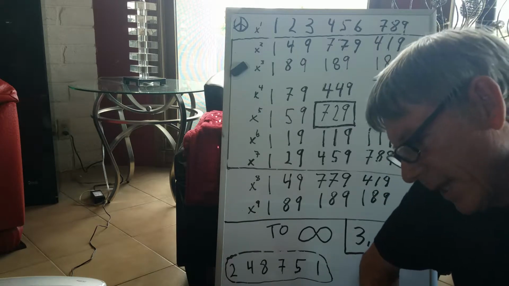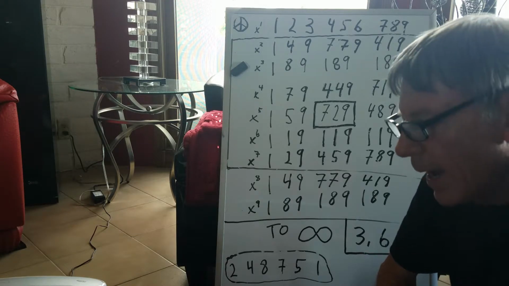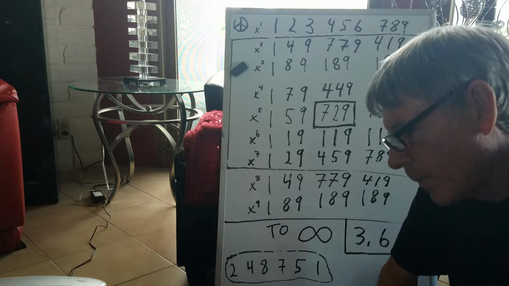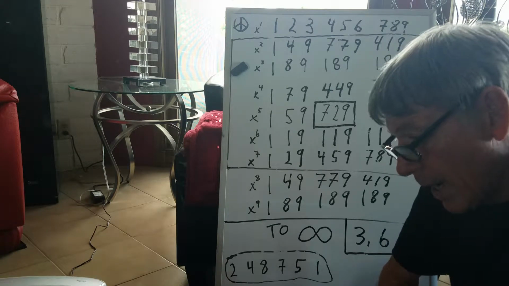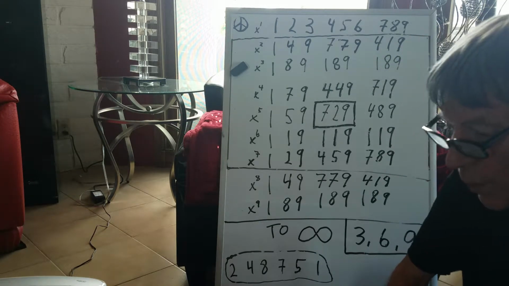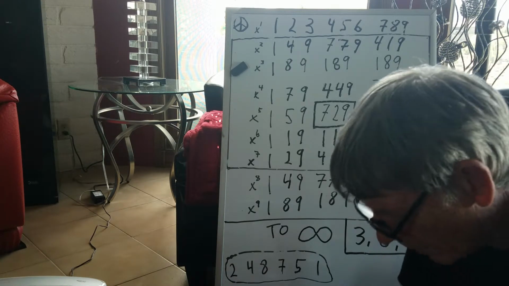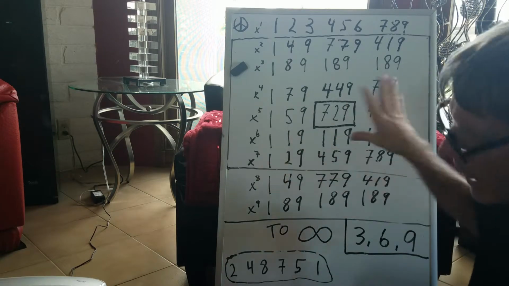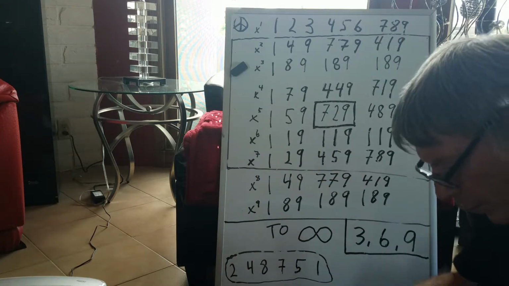It's 3 and 3, which is a 6. 12 tripled is 36, which is 3 and 6, so 9. 13 tripled is 39, 3 and 9 is 9. 14 tripled is 42, 4 and 2 is 6. 15 tripled is 45, 4 and 5 is 9. So 369 continues on forever in that sequence from 1 to infinity.